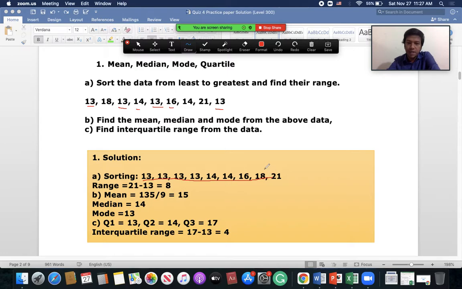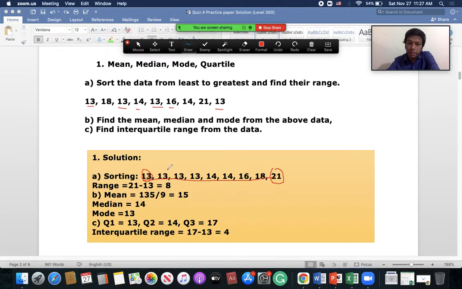Now what is the range of the data? Range of the data is the highest minus the lowest. So the highest number is 21, lowest is 13. So range will be 21 minus 13 equals 8. Mean is what?